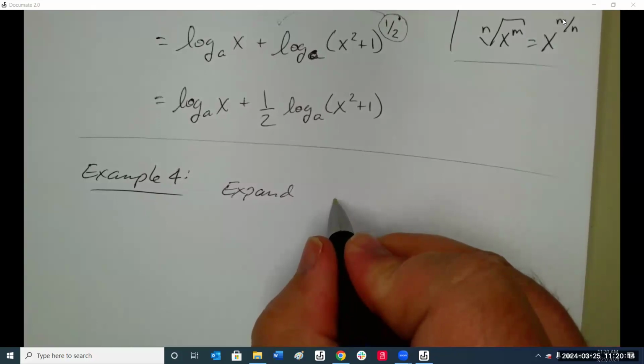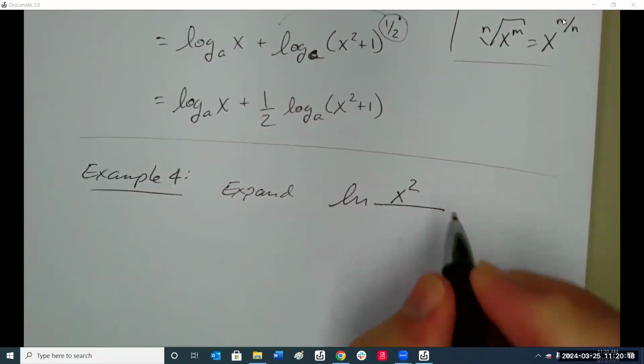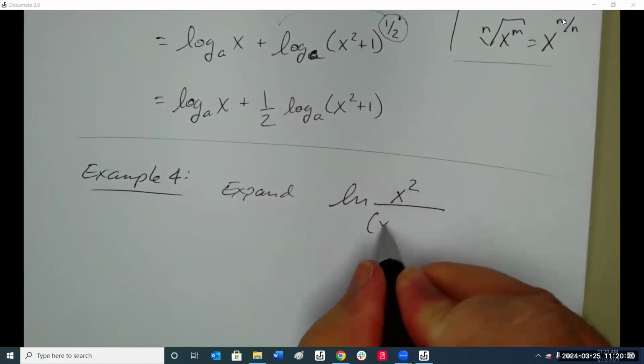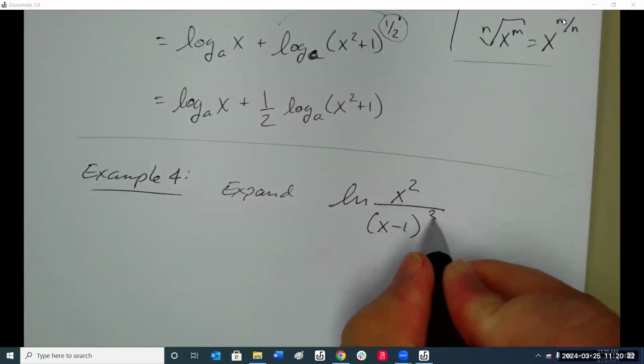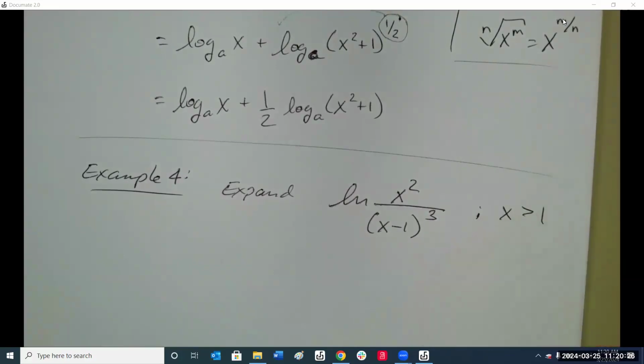Expand this function, where x is greater than 1. Here's a question. Why does x have to be greater than 1?